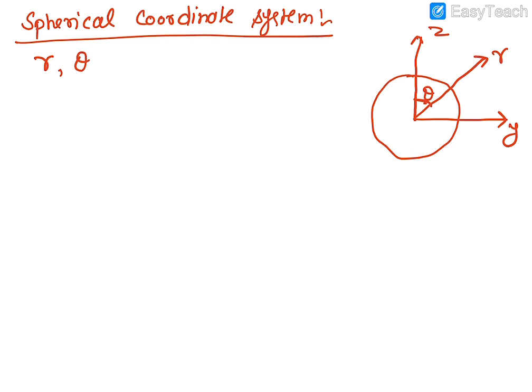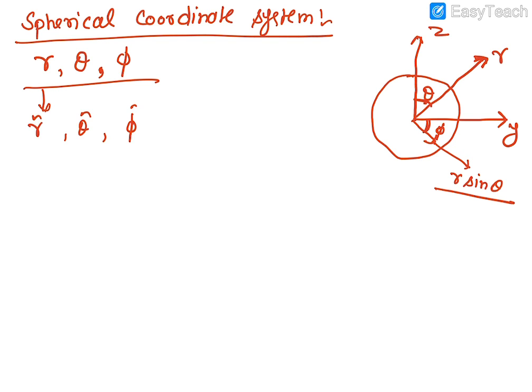Theta is the angle between this r vector and the z vector. So this is theta. The third one is phi. Phi is basically the projection of r in the direction r sine theta. I will explain how all of these work in the next lecture. The angle with the y axis is called phi. Correspondingly, the unit vectors are r cap, theta cap, and phi cap. So this is for the spherical coordinate system.